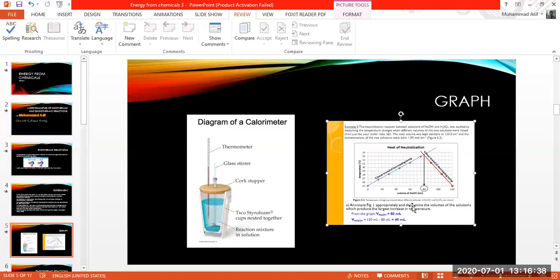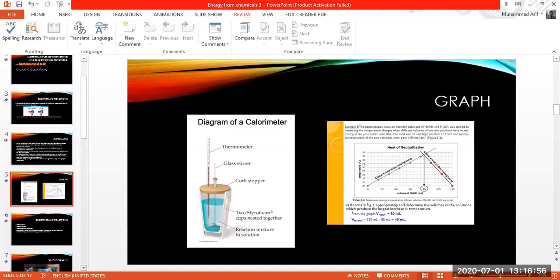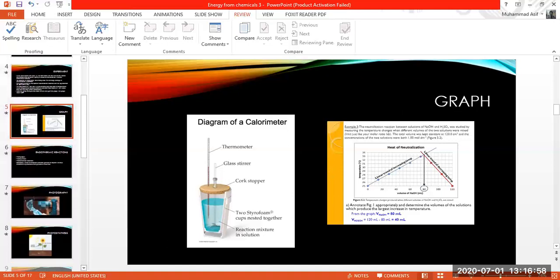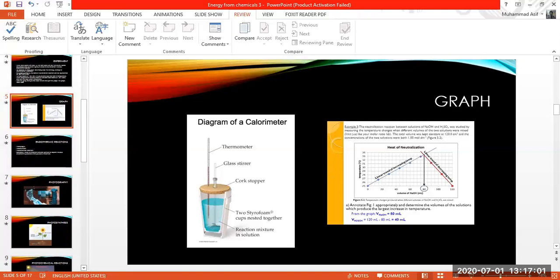That's why the graph will always look like this, whatever the concentration we take for both acid and bases. In this manner, this graph is indicating that as we mix alkali with acid, the temperature rise takes place and we get the maximum temperature obtained by the reaction mixture.